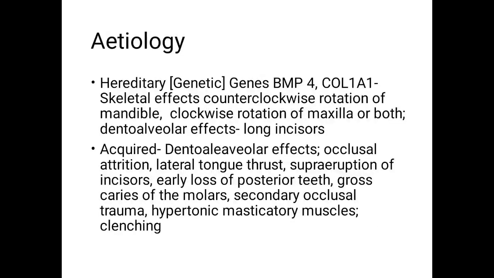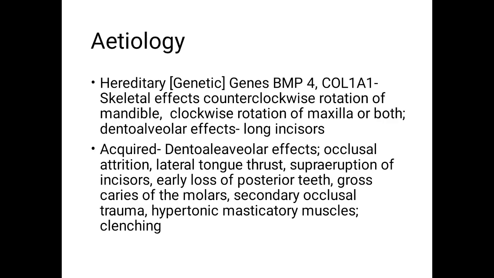Etiology is hereditary, genetic. Those are the genes BMP4, COL1A1, and a bunch of other genes. Studies are still being done on these genes, and these genes affect the skeleton. That can cause abnormal rotations of the maxilla and the mandible that result in the deep bite.